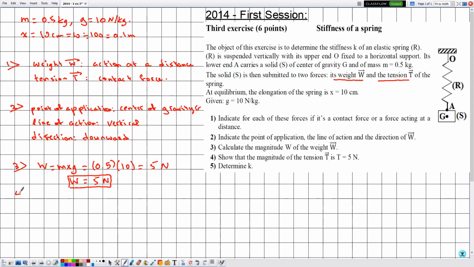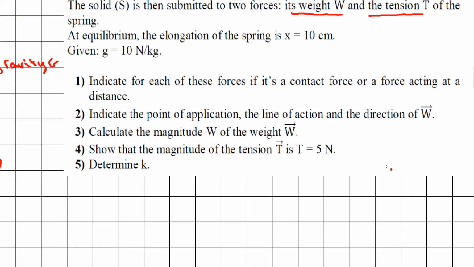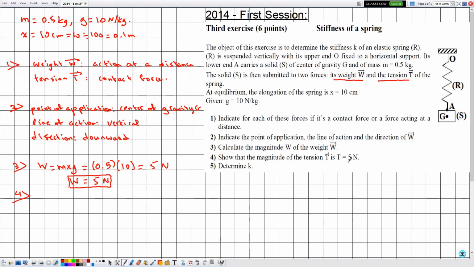And now in number 4, they are telling us to show that the magnitude of the tension T vector is T equal to 5 newtons, knowing that in part 3 we have already calculated the magnitude W of the weight, which is 5 newtons. The solid S being at equilibrium, we can make use of this condition.